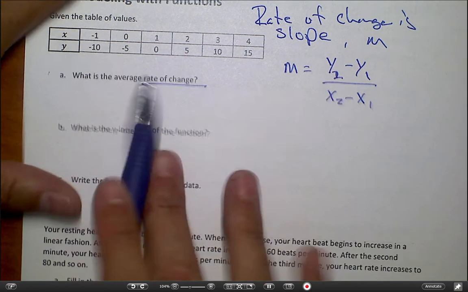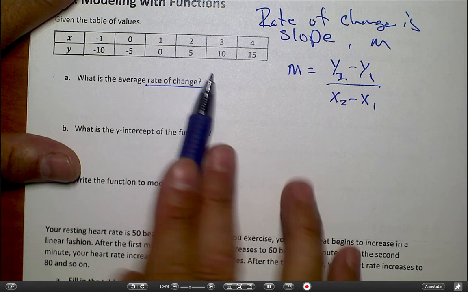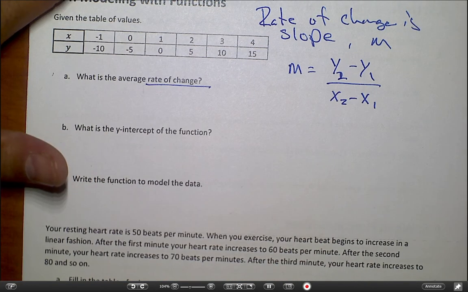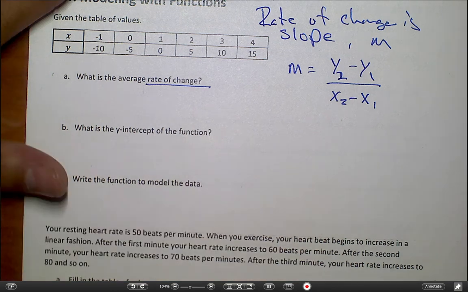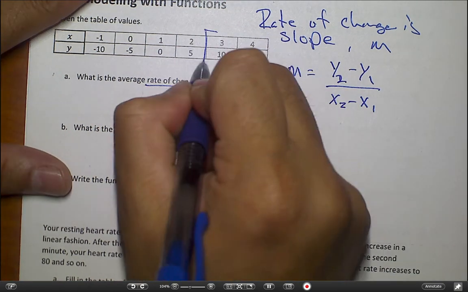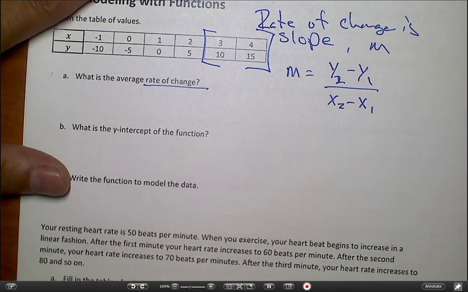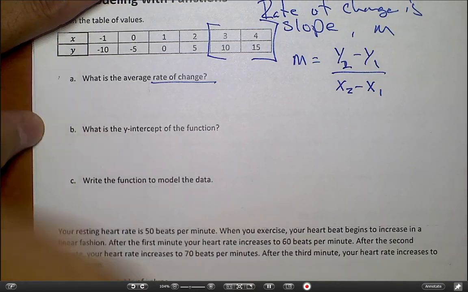So for this one right here, if this is linear, that means any 2 points on here is going to give me the slope of my line. Okay? Any 2 points. So I'm going to pick these two right here. So x's and y's.